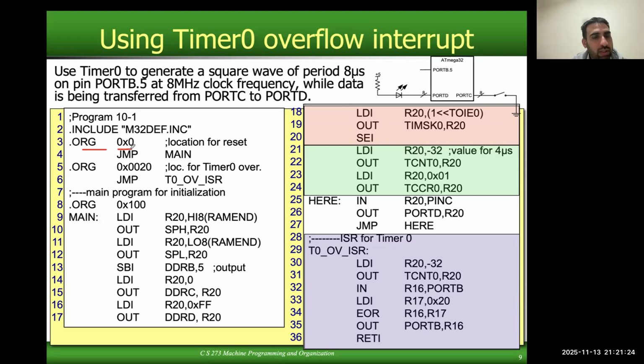Does everyone know? Is it clear what this directive is doing? Okay, so it will tell our assembler to put any instruction which we write after this directive at the address 0 in the memory location.